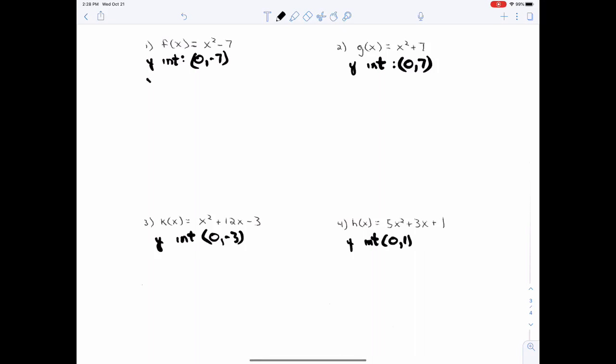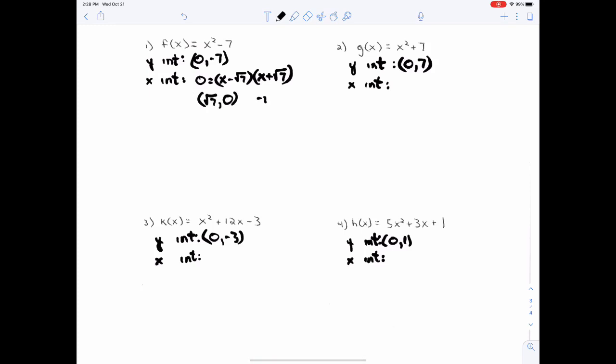Okay, to find the x-intercept, we stick in 0 for y. Okay? And I'm going to do this fairly quickly. Okay, so I plug in 0 for y, and I factor this into x minus square root of 7 and x plus square root of 7. So my x-intercepts are square root of 7, 0, because remember it's a point, and negative square root of 7, 0.